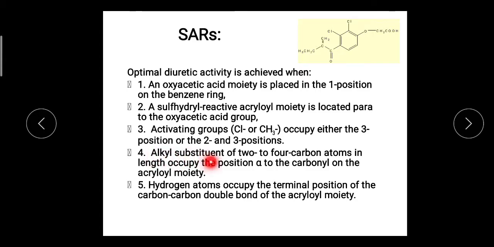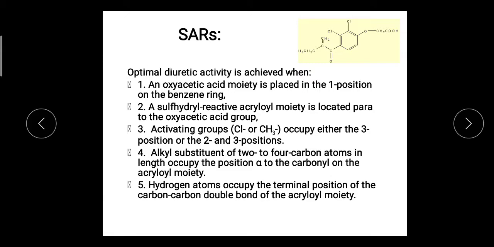Alkyl substituents of 2 to 4 carbon atoms in length occupy the position alpha to the carbonyl on the acryloyl moiety. Here, for the carbonyl group, the alpha position means the nearer position.